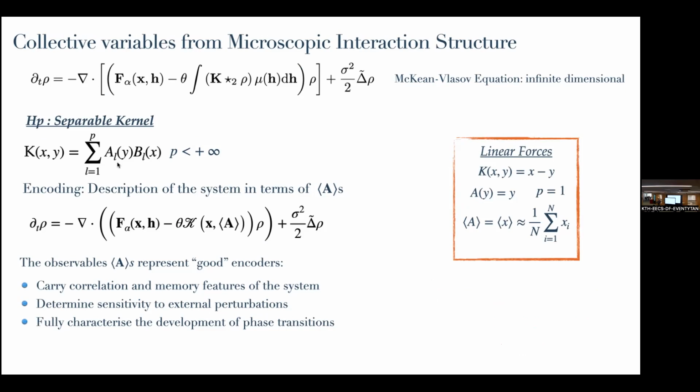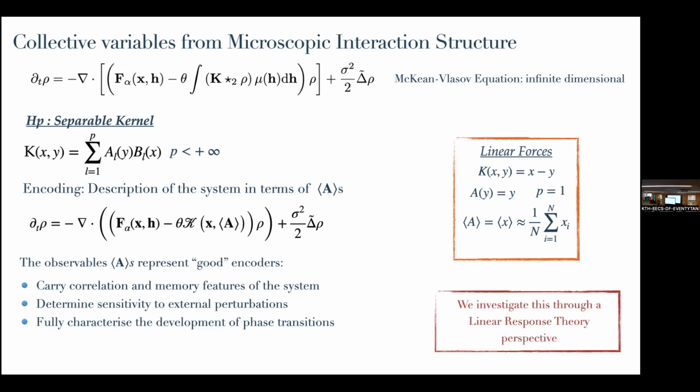The mathematical step of going from this equation to this equation is a convolution product, so the only thing that survives in the convolution product is these functions. But why these functions are good observables, we can only understand through a linear response perspective, which is going to happen next. Okay, thanks. We don't know that yet. No, it's the next slide.